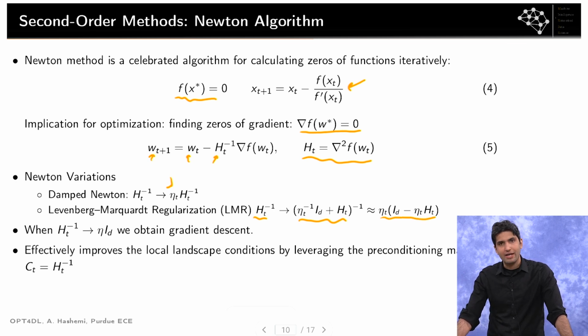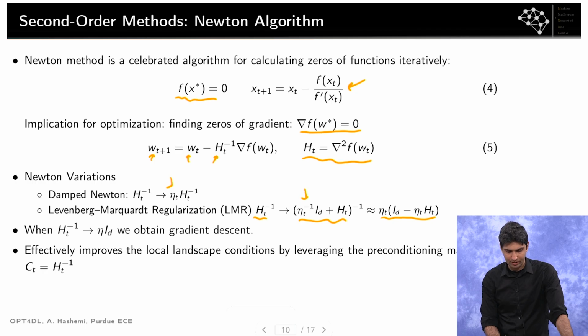So the main idea is that at certain points during the optimization process, the Hessian may not be well conditioned. That means either the inverse does not exist, or if it exists, it's going to be a very, very large number. Okay. So by this kind of regularization, we ensure that the inverse always exists and is well conditioned.